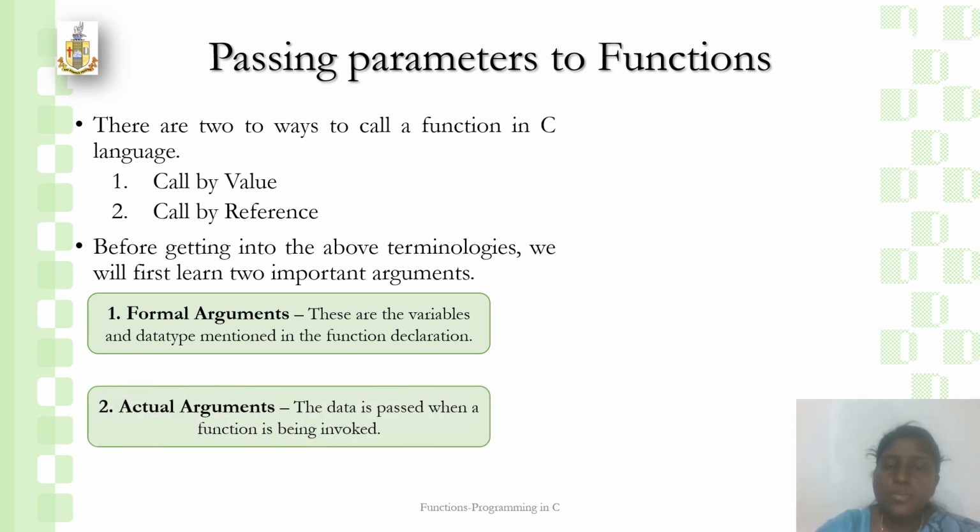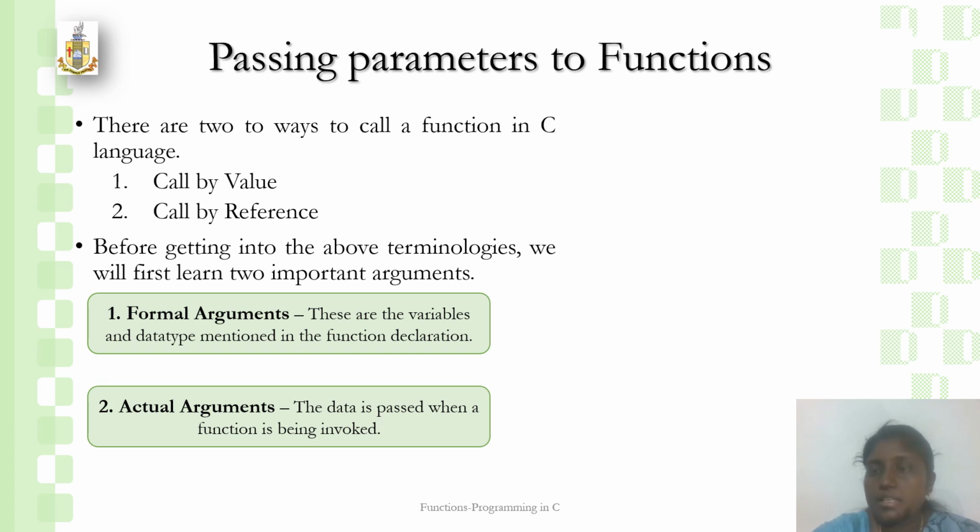Formal arguments are where we declare a function. We need to specify what kind of parameters the function has to accept. In our example, int sum(int a, int b) means the sum function is going to accept integer type variables a and b.